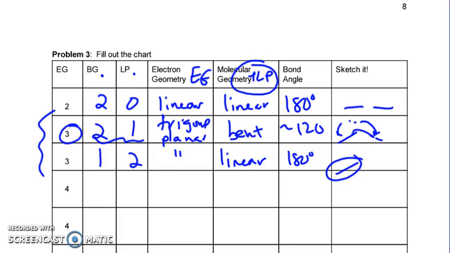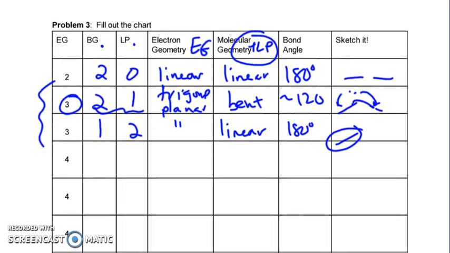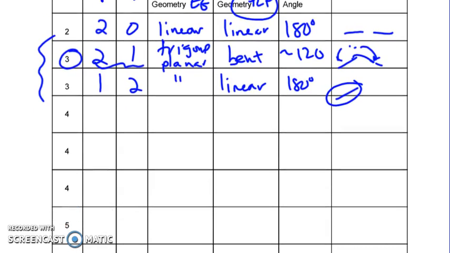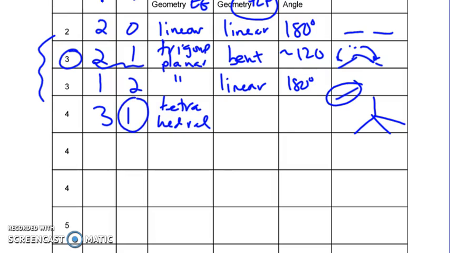Let me do one of these 4s with you, and then you can do the rest. If it's 4 and 0, it's tetrahedral, just like before. So let's see what happens if it's 3 and 1. Well, what's my base shape? 4 means tetrahedral, right? So my base shape is tetrahedral. And what am I going to do with 1 lone pair?